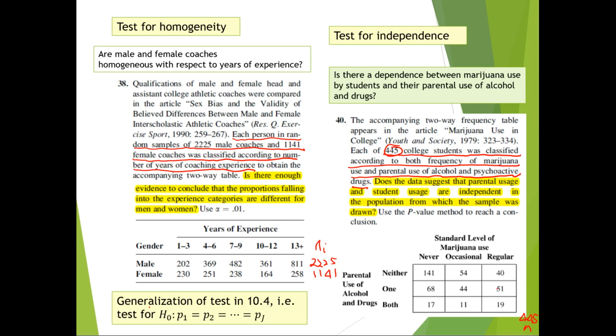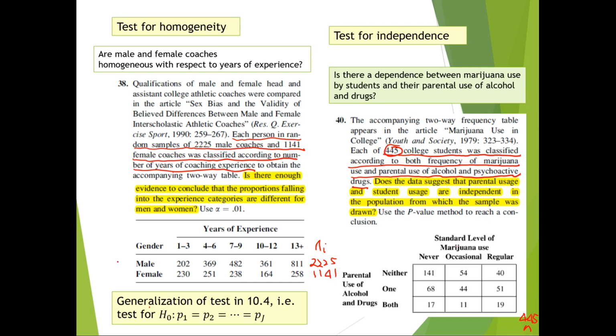So on the left-hand side, in this example, you have populations that are independent and you have two independent samples from each of these populations. So you have two populations from which samples are drawn, while here you have one population that is categorized according to two factors.